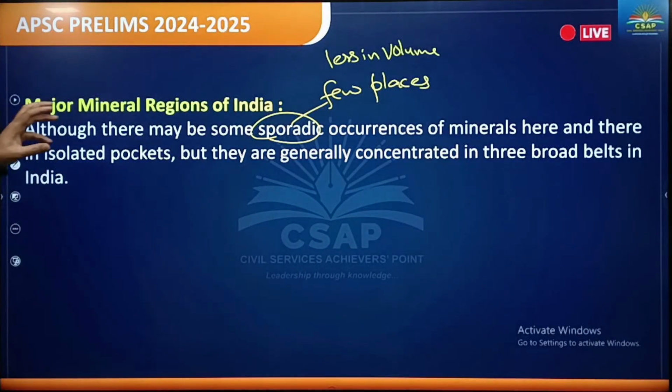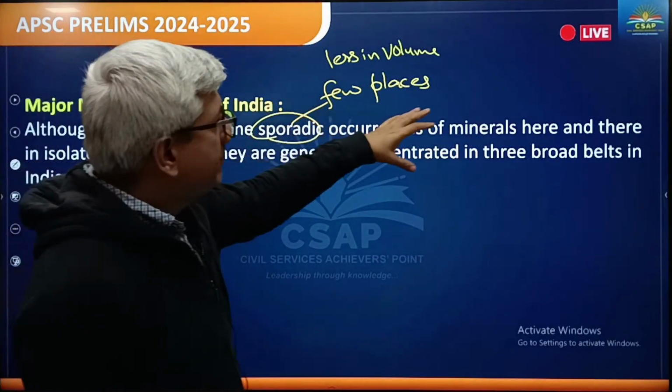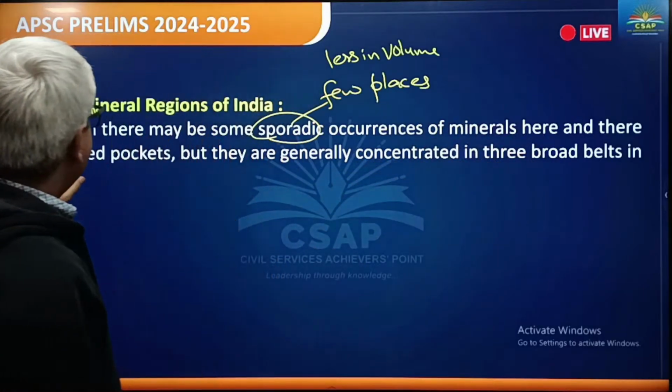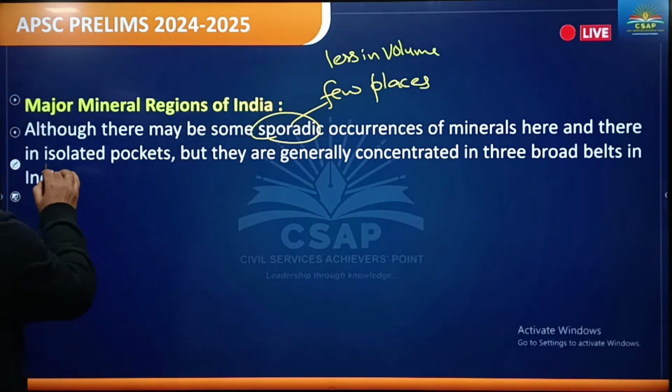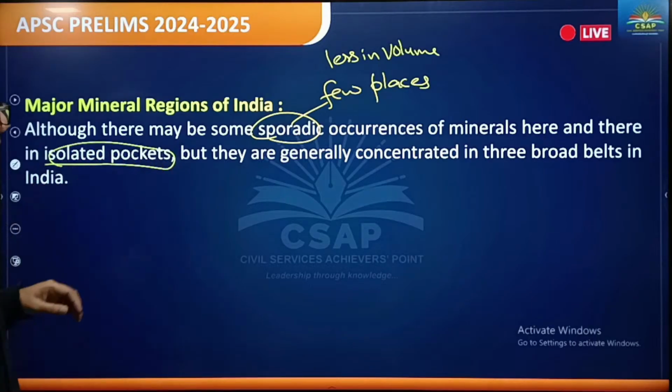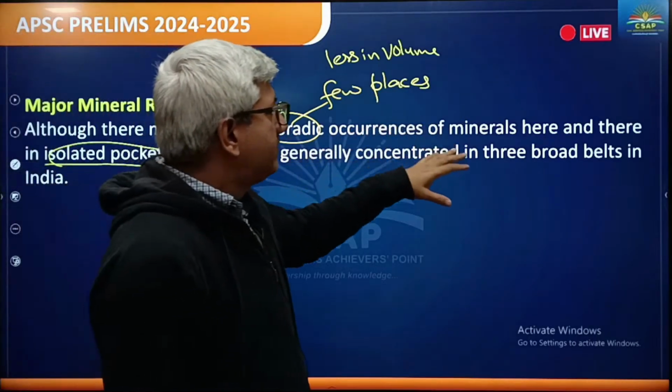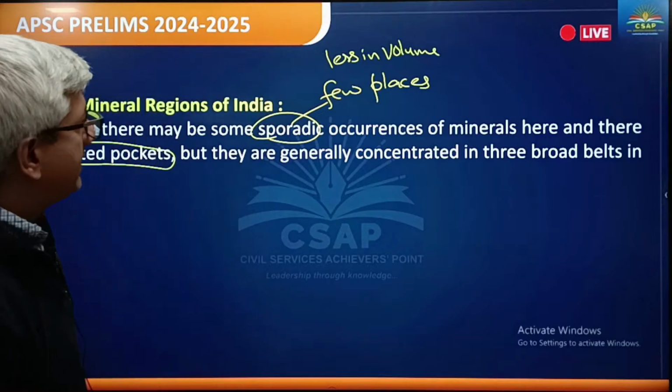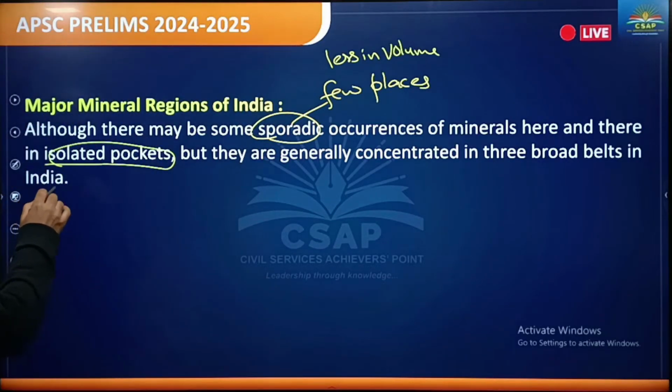So although there may be some sporadic occurrences of minerals here and there in isolated pockets, they are generally concentrated in three broad belts in India.